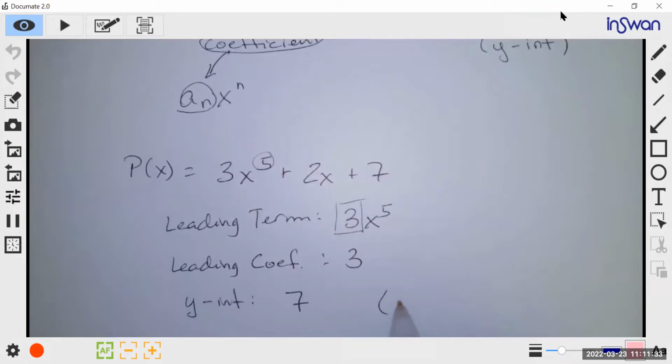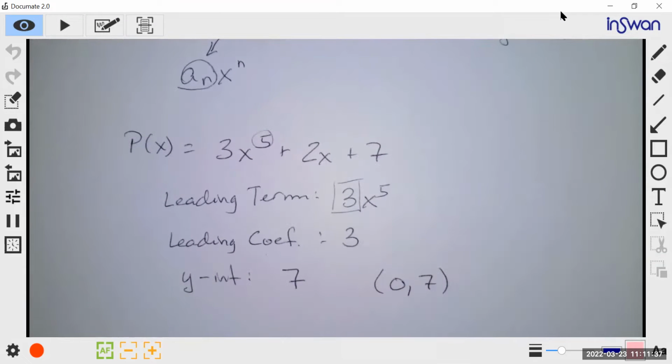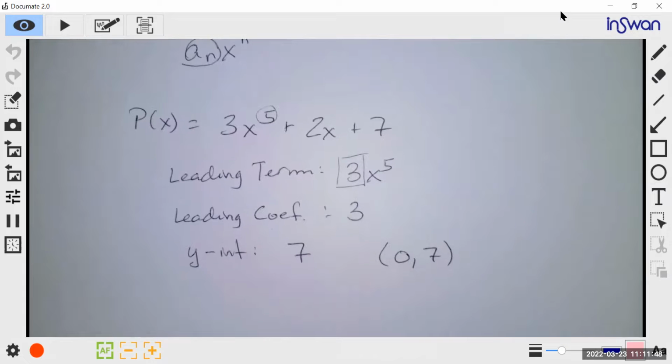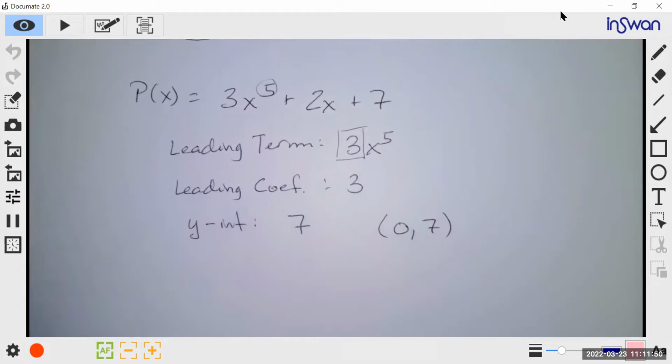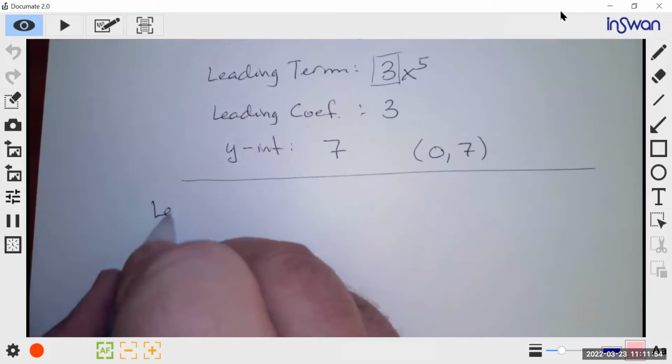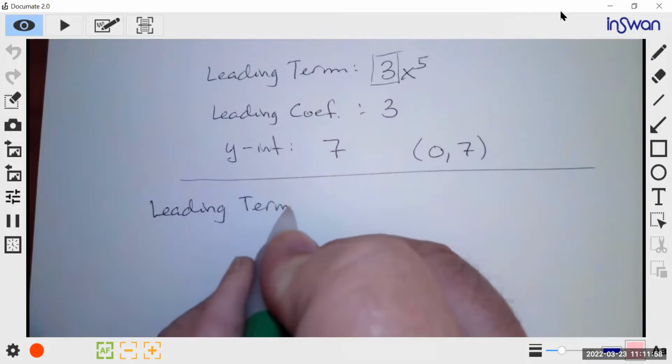So it intercepts at the point (0, 7). Those two parts are the most important, the leading term and the constant term.